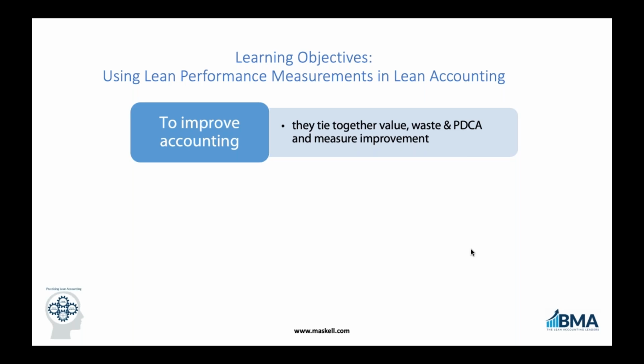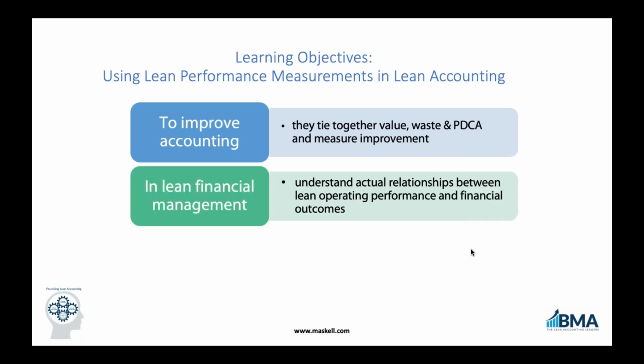In terms of PDCA or improvement, they also measure improvement. They also reveal problems. Lean is very much a data-driven strategy and culture. It's not just a bunch of words or a bunch of tools and practices. It's about understanding the numbers, and that's what lean measurements do.